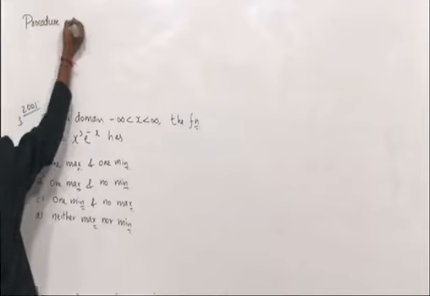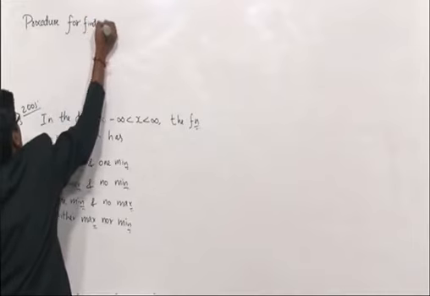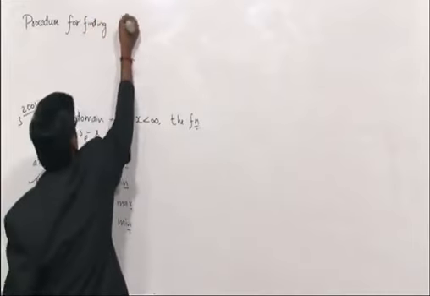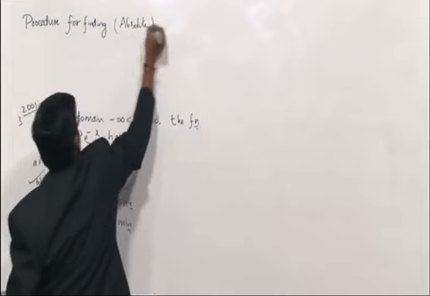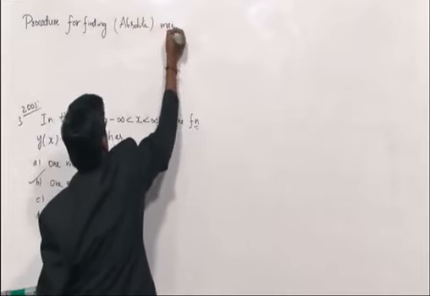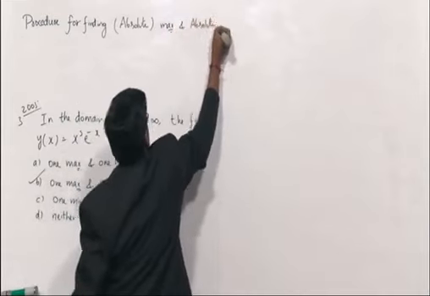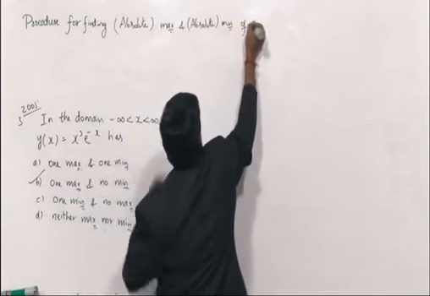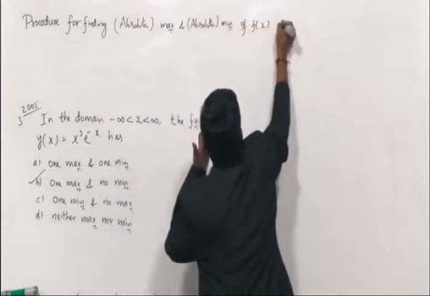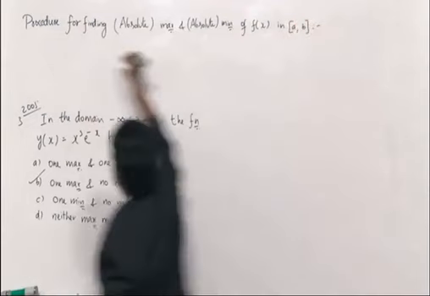Procedure for finding absolute maximum, absolute minimum of f(x) in a closed interval [a, b].